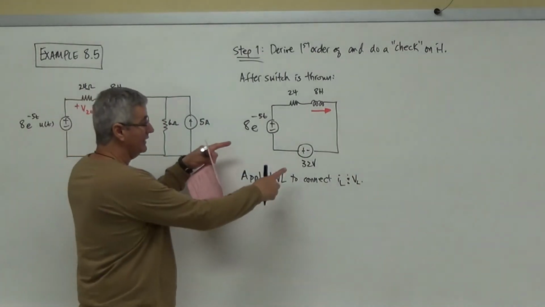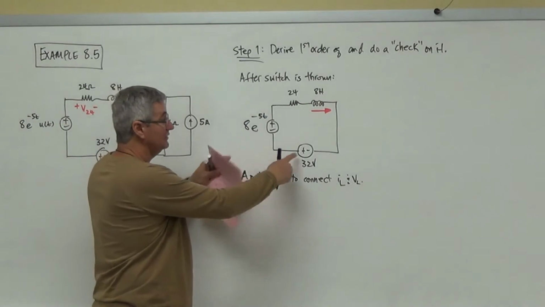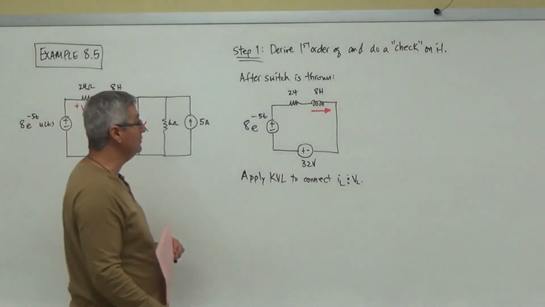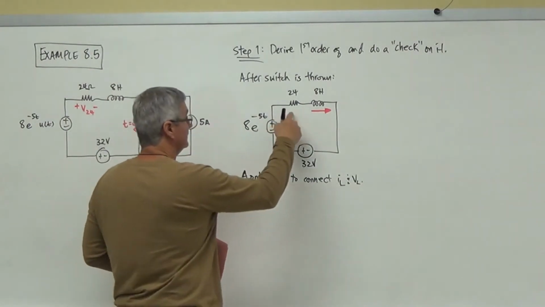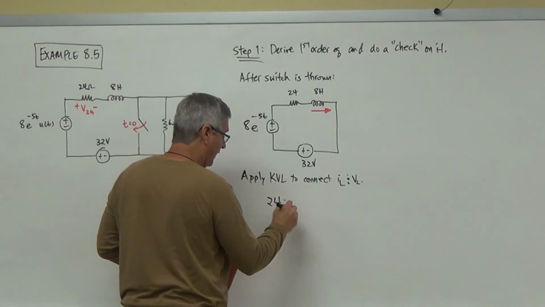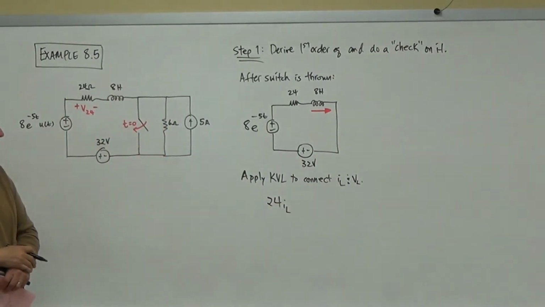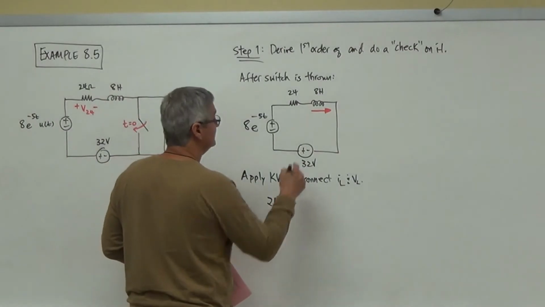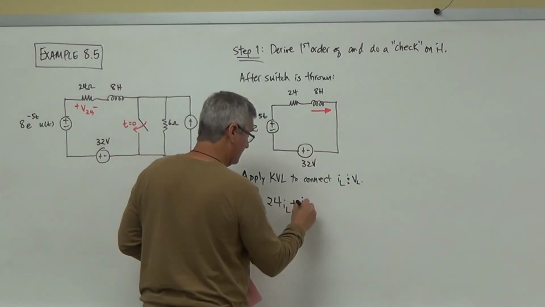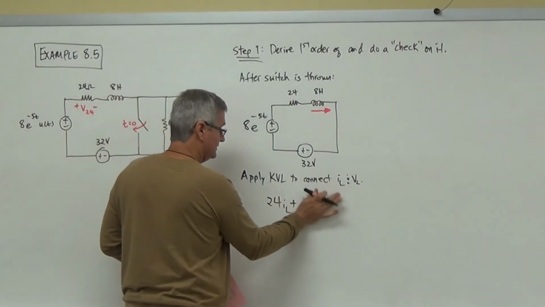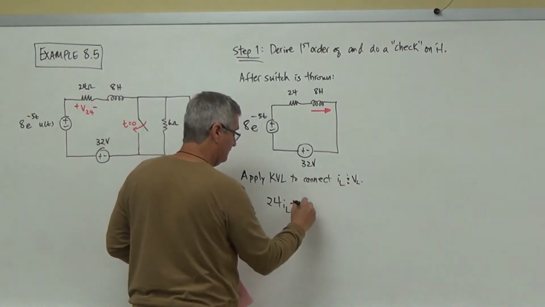So note that I can combine these two sources, so I just have a very nice KVL equation. So when I do that, let's look at this. So I'm going to get what? I'm going to get 24 IL, plus this inductor has a current running through it. Oops. My mistake. Should be VL.